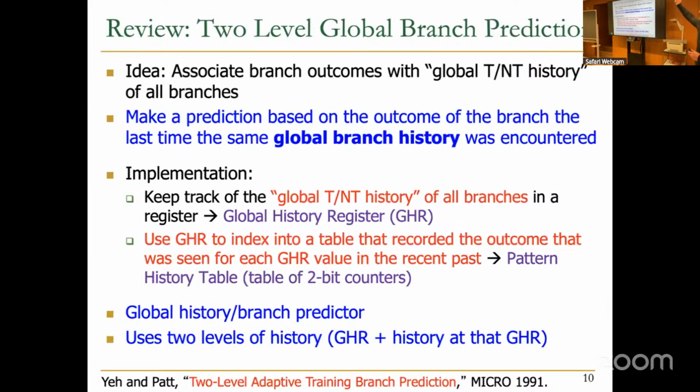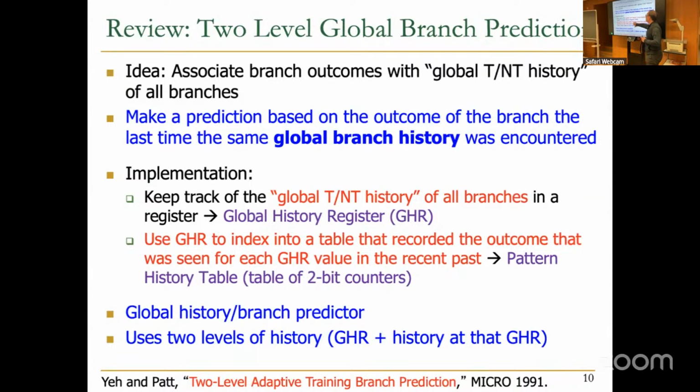So how do you capture global branch correlation? The idea is to associate branch outcomes with global taken, not taken history of all branches. And you make a prediction based on the outcome of the branch the last time the same global branch history was encountered. So you keep track of the global branch history using a global history register. Each bit over there tells you which direction the last n branches went, okay?